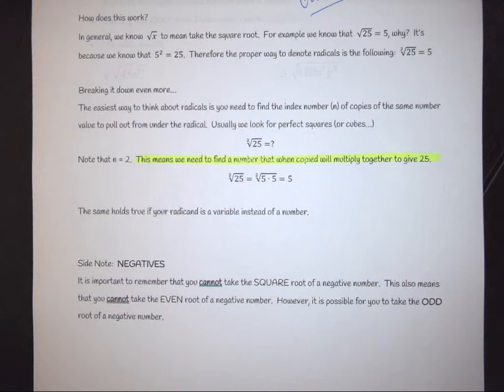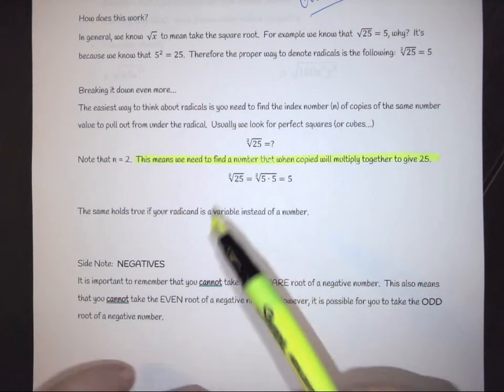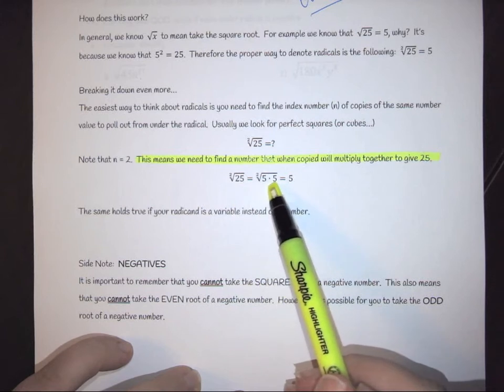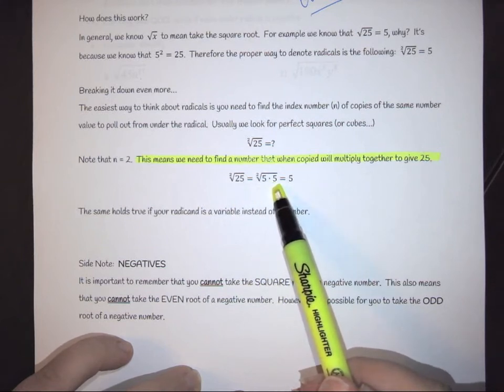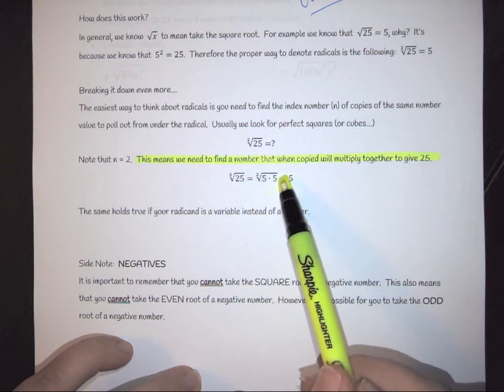In other words, we know instinctively that when we break down 25 into essentially factors, we are looking for a perfect square. Well, in this case, we know 25 can break down into 5 times 5. So if you notice here, I've taken my 25 and I broke it down into 5 times 5. This right here is what's called a group of 2.